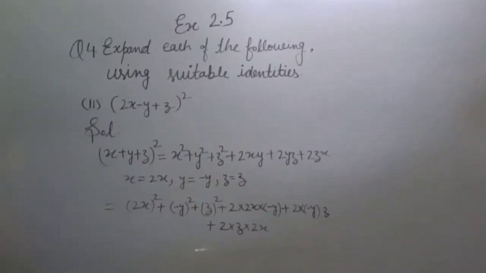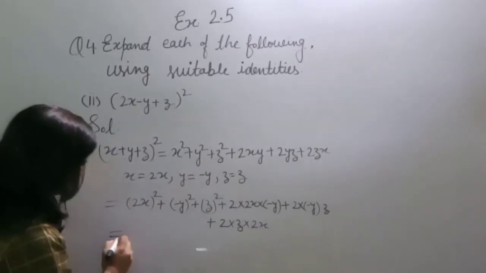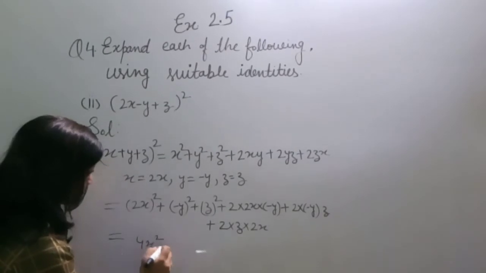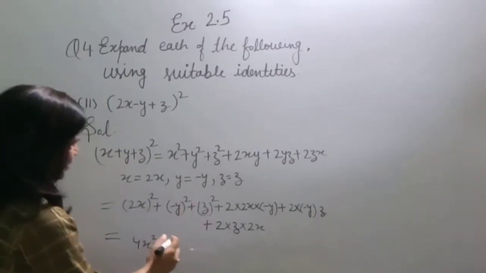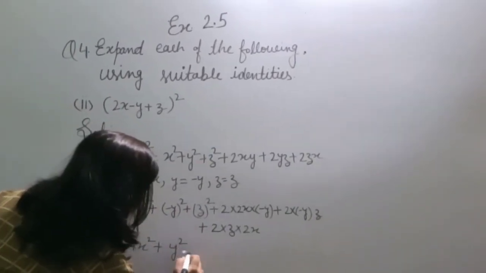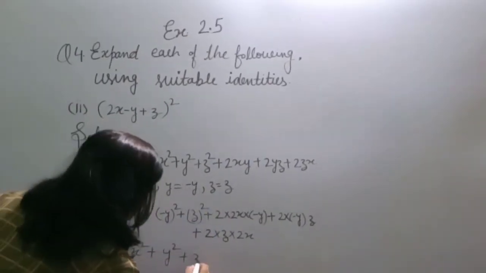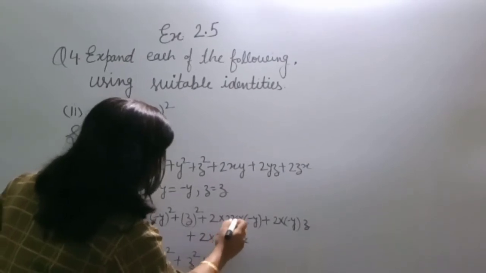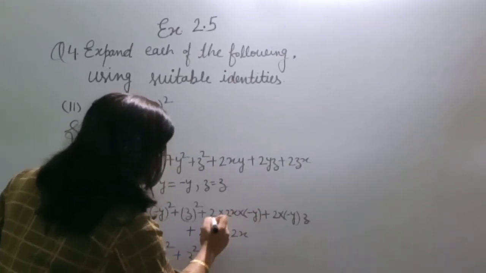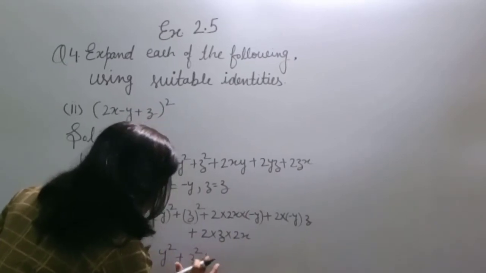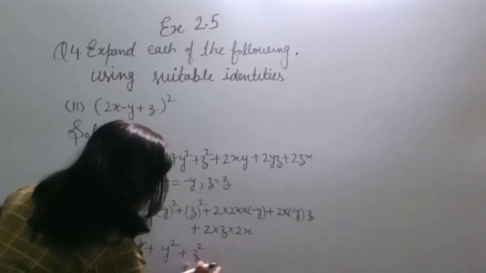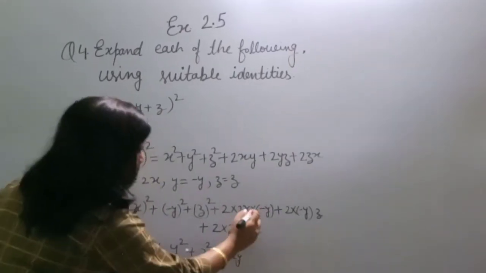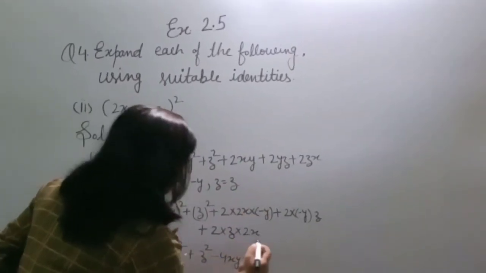Now we will solve this expanded form. Here (2x)² is 4x², plus (−y)², that means y², plus z², plus 2 into 2, that means 4x, into minus y, that means minus 4xy. The sign changes because this is minus y.